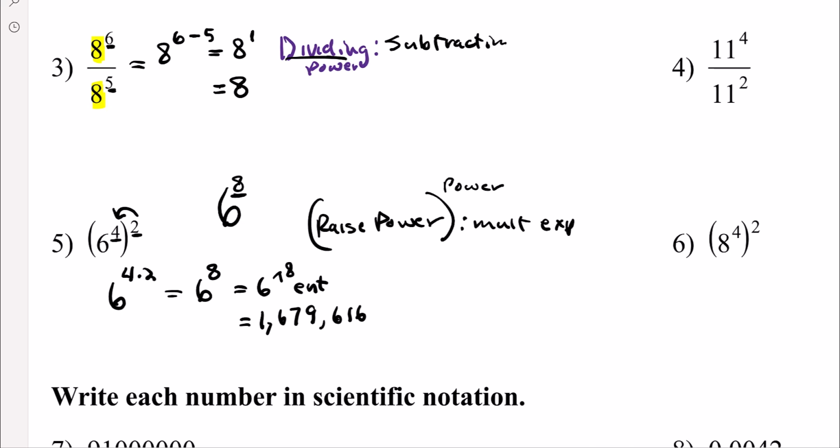That exponent of 8 is not very big, but it's very powerful because 6 multiplied against itself 8 times, let's see, 1, 2, 3, 4. That doesn't look like very much, but it ends up more than 1.5 million.